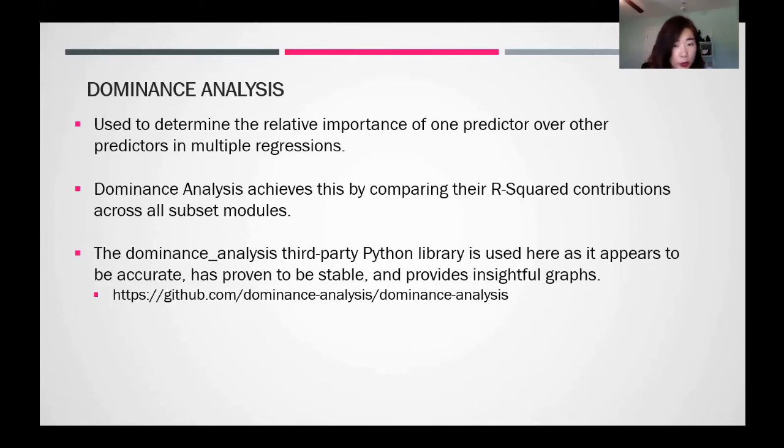Each predictor receives its relative importance by comparing its R-squared weights to the R-squared weights of other variables across all the subset models. This dominance analysis third-party library proved to be the best platform to explore dominance analysis, as it provides efficiency at conducting the calculations, it was stable, and it also provides a useful graph, as we can see on the next slide.